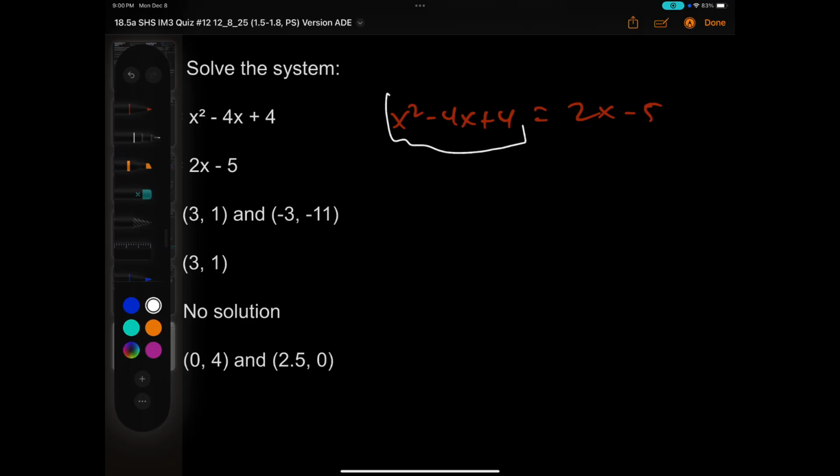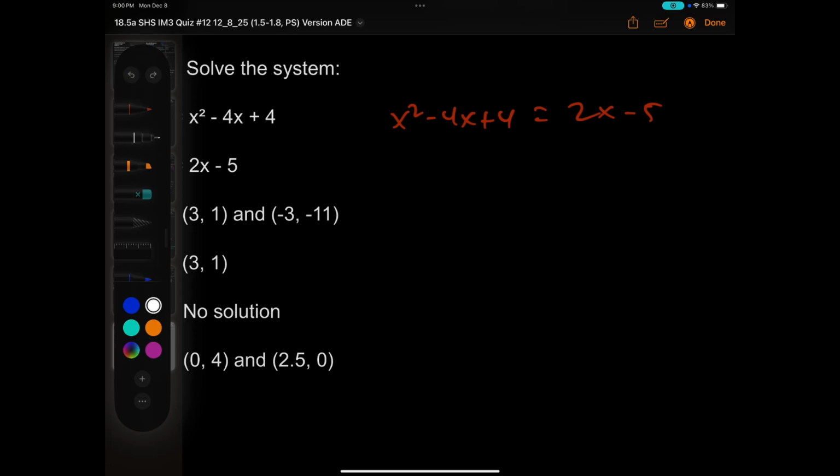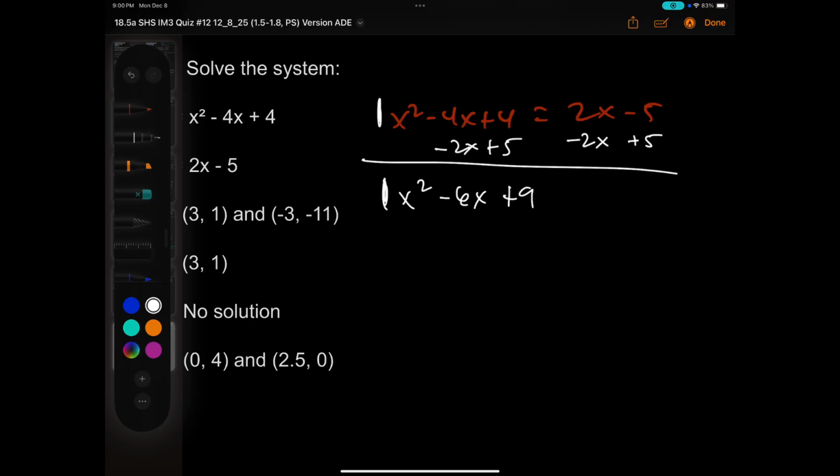If I move this stuff this way, the a value will eventually become negative. Probably only good for quadratic formula, not for factoring. So I'm going to move everything this way. And what that does is my a value is positive. You see that? That is 0.